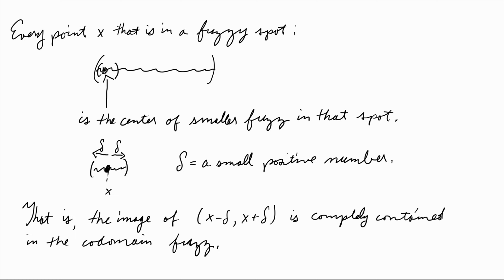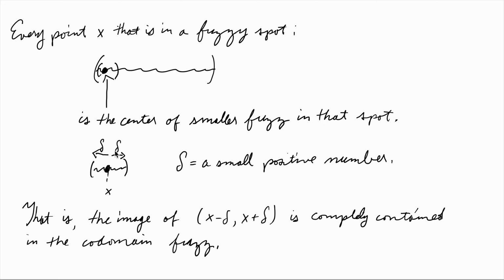Now, in particular, this is kind of important. Every point on the x-axis that's actually in a fuzzy spot, like this, or in an open interval, there's actually a smaller open interval that it's contained in. It's kind of neat. No matter how close you get to the end right here, there's always going to be a small thing where it's contained, where it's actually the center of a fuzzy spot.